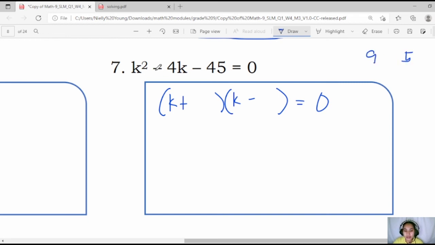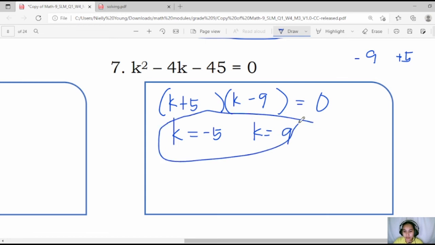Again, the highest number should be negative. So 9 is higher than 5, so that is negative and this is positive. So k minus 9 times k plus 5. Transpose to get the value of k. k is equal to negative 5 and k is equal to positive 9. So this is the answer for number 7.